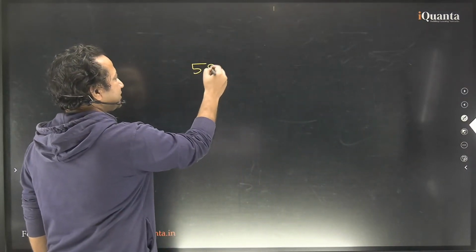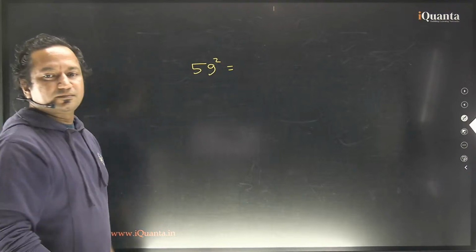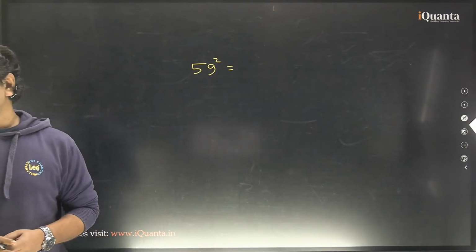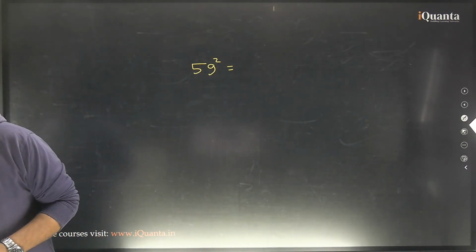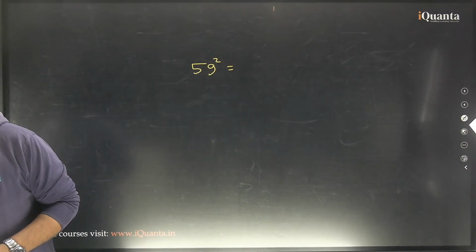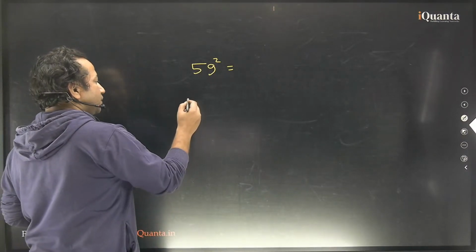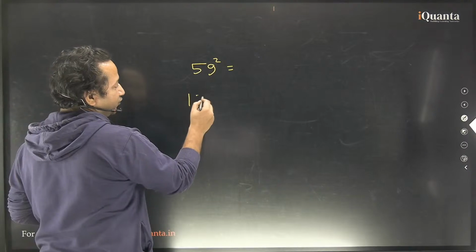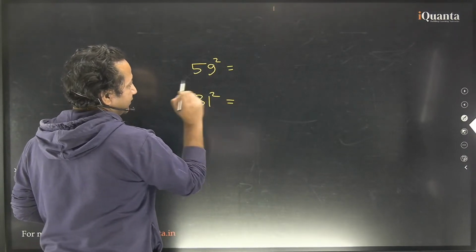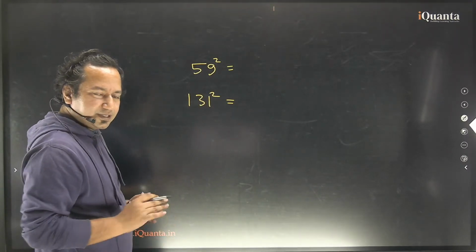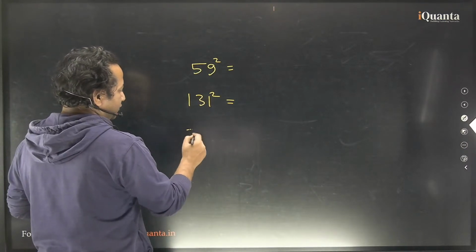Tell me the last two digits of 59 square. Come on. The last two digits of 59 square. Then tell me 131 square. Only the last two digits, not the entire square. 212 square.